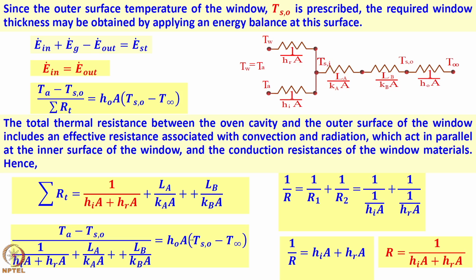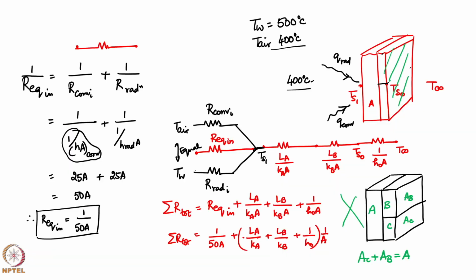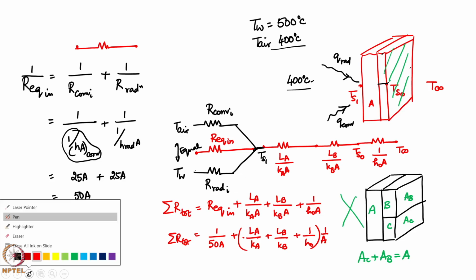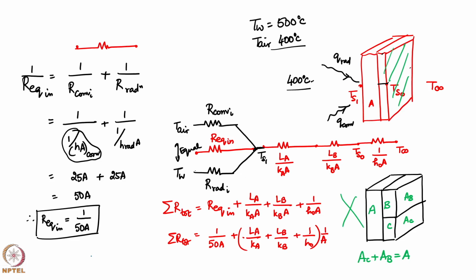That is what is given to you here, whatever I have done. So, you have the largest temperature difference and you put in T A minus T S O is equal to the summation of the equivalent resistances, which is equal to Q. I do not know Q, but how do I know Q in an indirect manner? These two temperatures are given, which two? So, we know these two temperatures.